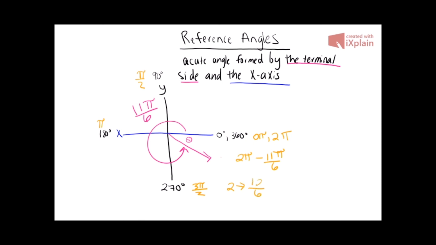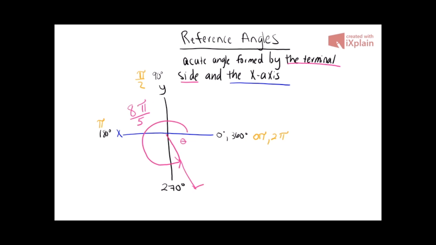We need to double that on top to get 12 over 6. So I'm going to make that 2 pi into 12 over 6 because that's equivalent to 2 pi. So now 12 pi over 6 minus 11 pi over 6, and I get 1 pi over 6. So my reference angle is pi over 6.